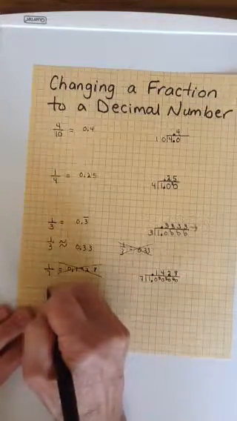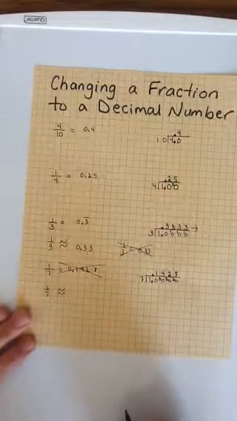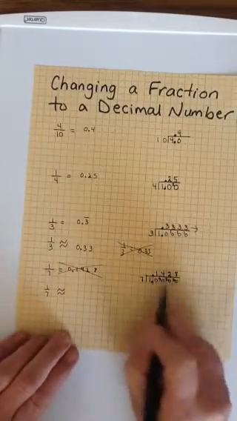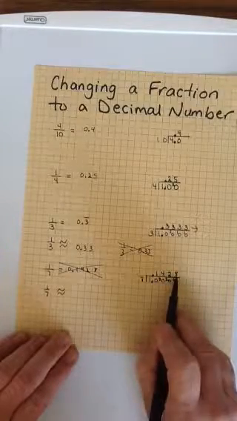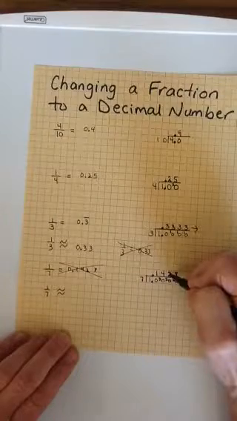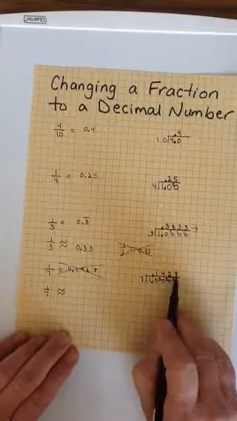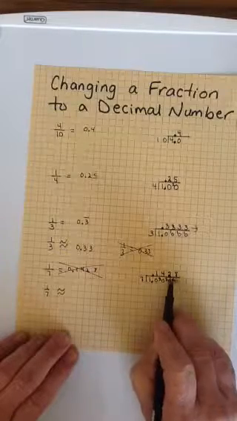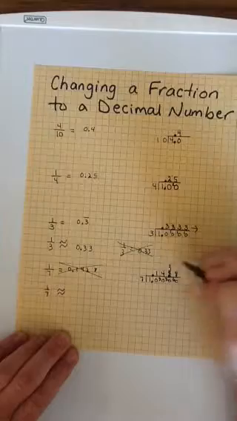What I could do is use an approximately equal to symbol and round my answer. Since I've figured it out all the way to this place, I could round to this place, the thousandths place, and since an 8 is bigger than a 5, I'm going to have to round this 2 up to a 3.